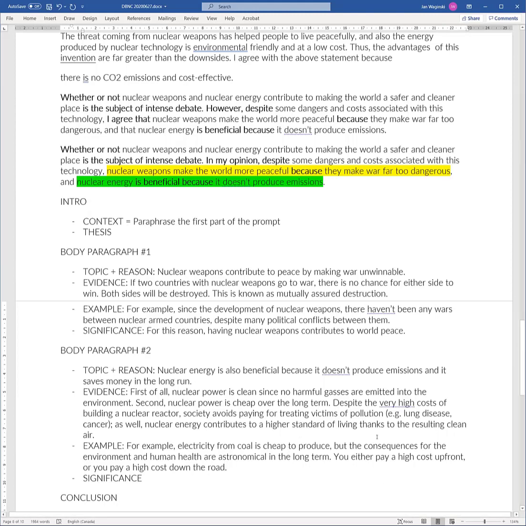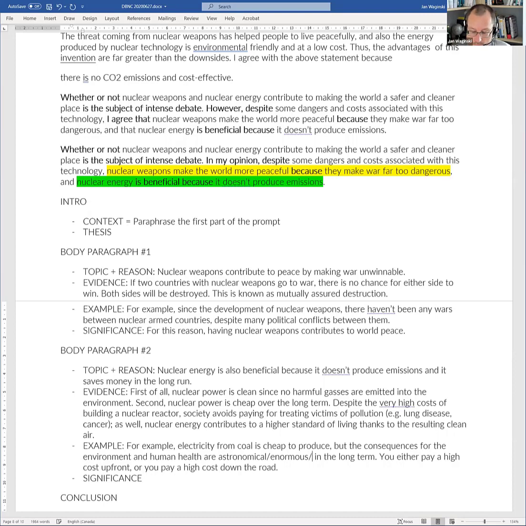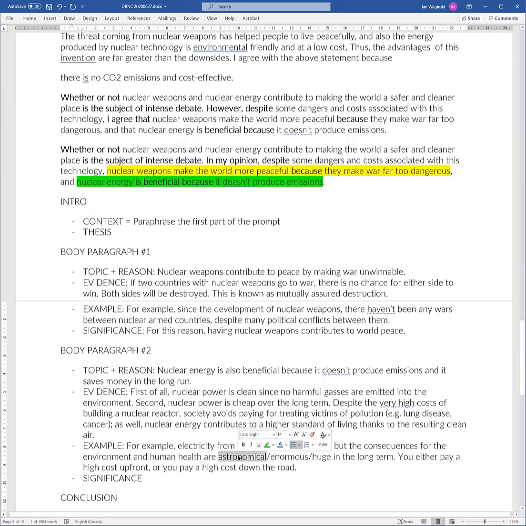What does the word astronomical mean? Extremely big. What another word could you use as a synonym of enormous? Huge. Okay. Astronomical is a good word. Yeah, I like it. I never used it before, but I like it. You know, astronomy is the study of stars and planets, right?